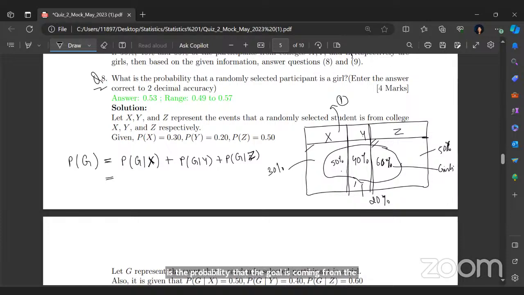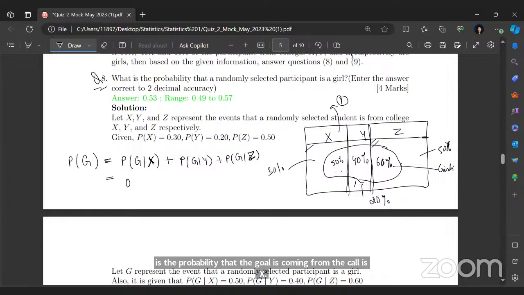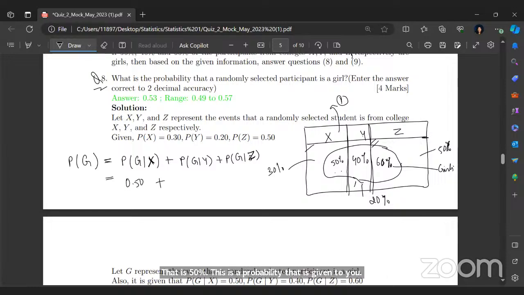That is 50%. This is the probability that is given to you. So 0.50. What is the probability that the girl is coming from college Y? That is 40%.